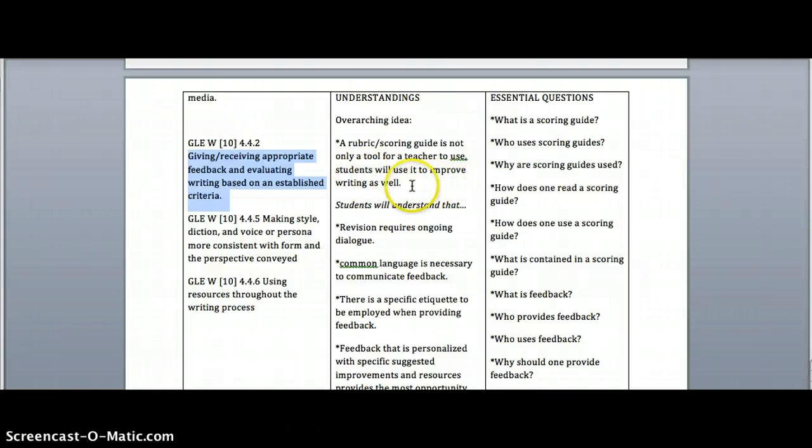So the overarching idea, the one big thing I want students to understand, is that a rubric is not only a tool for a teacher to use, but also a tool for students to use to improve and assess their writing. You'll notice that I have a giant list of essential questions.